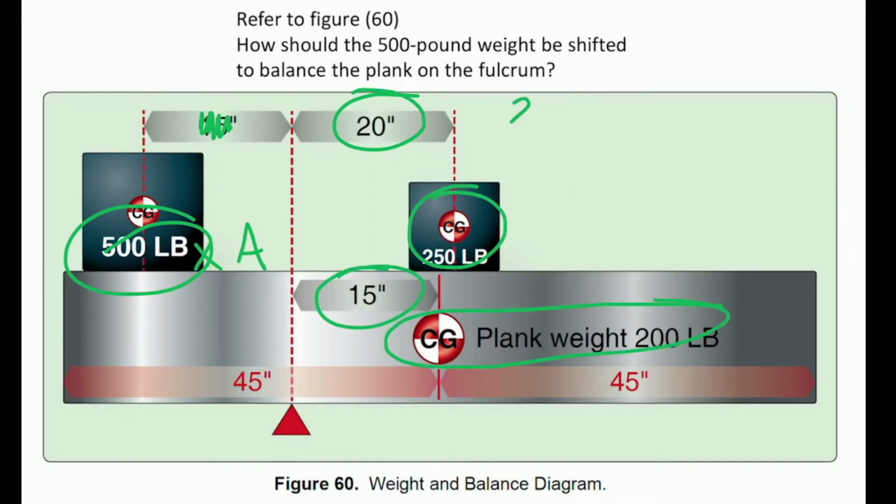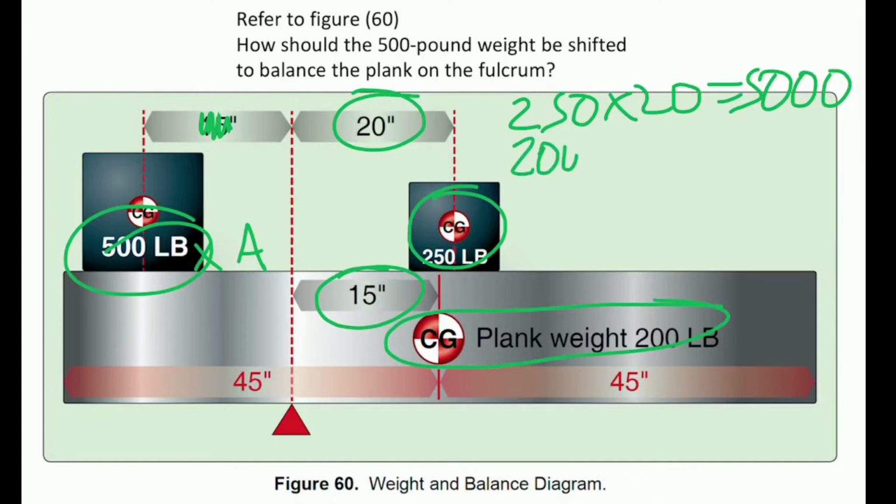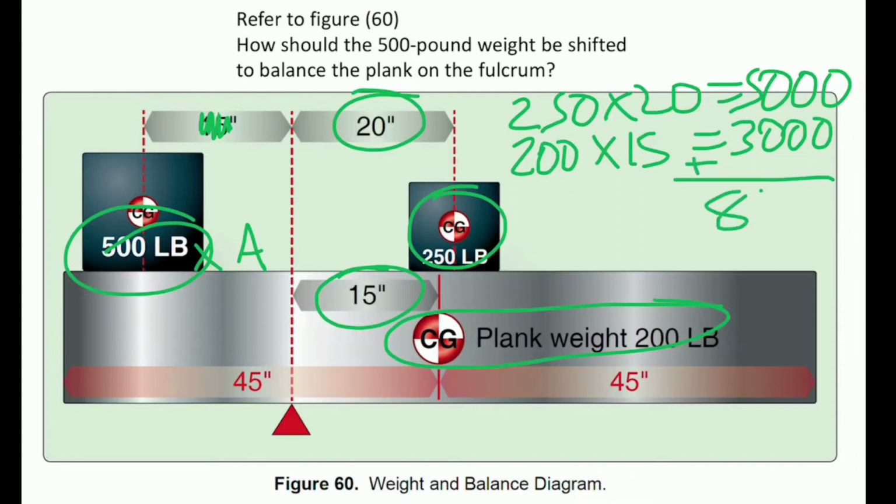So 250 times 20 equals 5,000 inch-pounds, and 200 pounds times 15 equals 3,000. Now we add it all up and we get 8,000 inch-pounds on the right side as the moment.